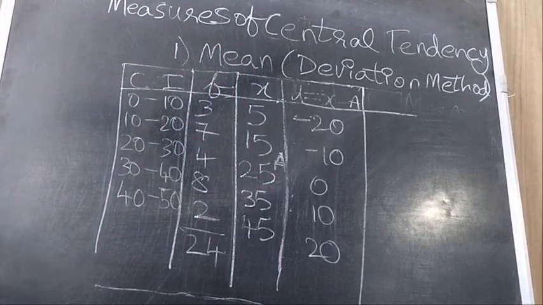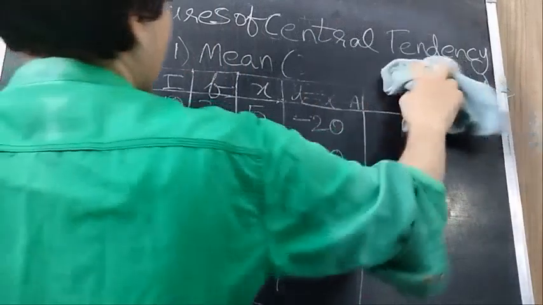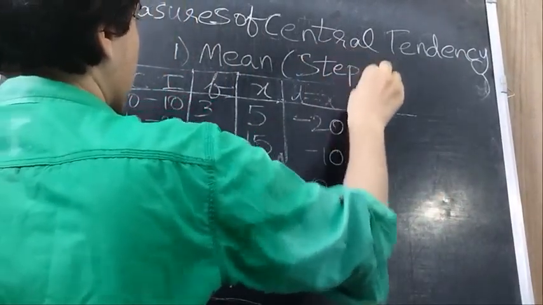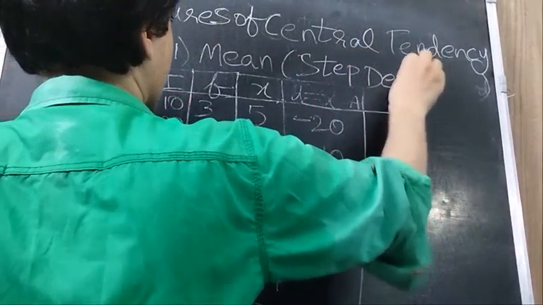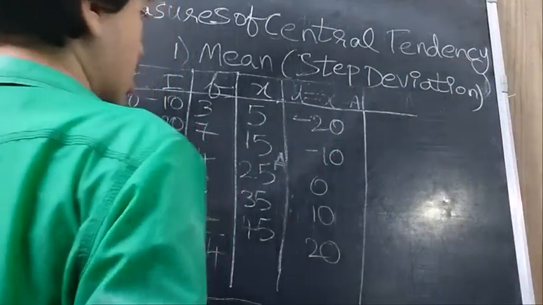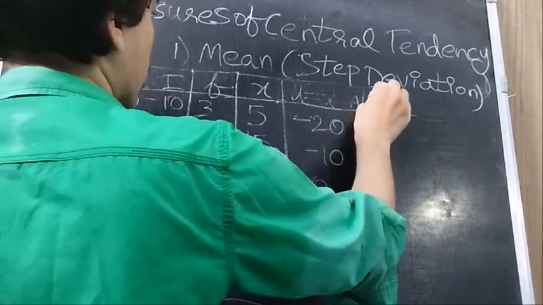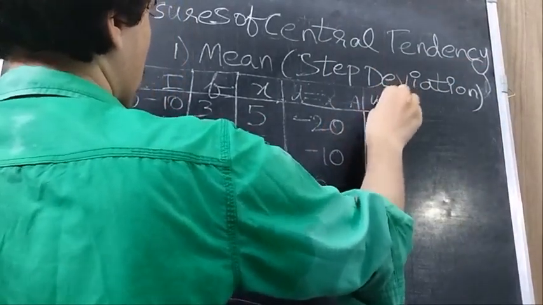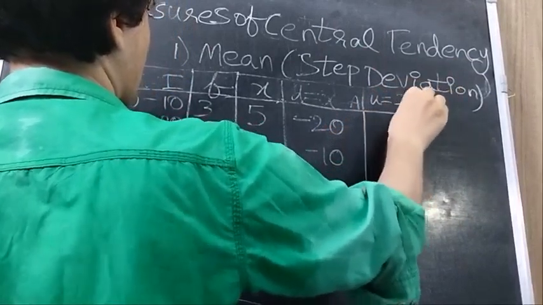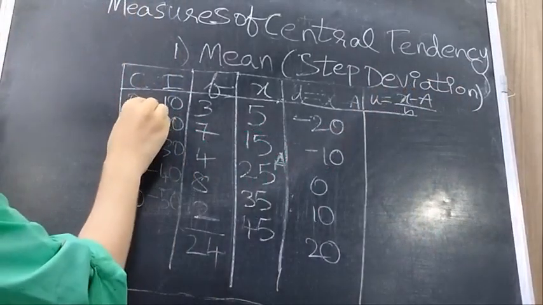So we will see now the step deviation method. In the step deviation method, we have to find another value u, that is, x minus a by h. Here h means the size of the class interval.